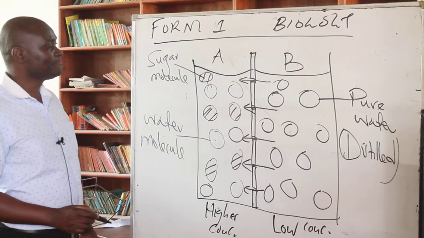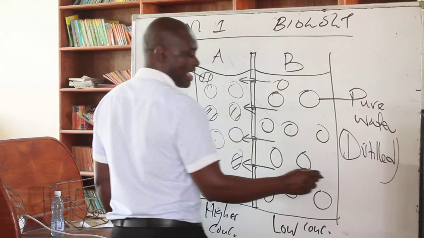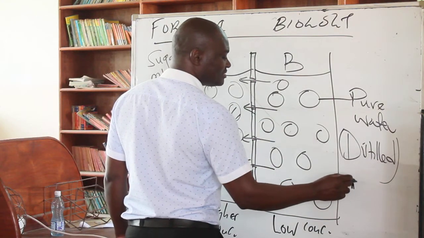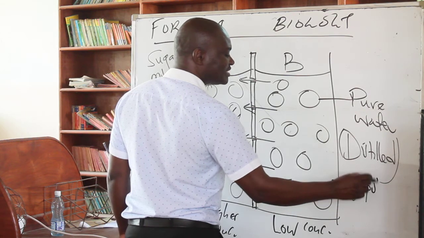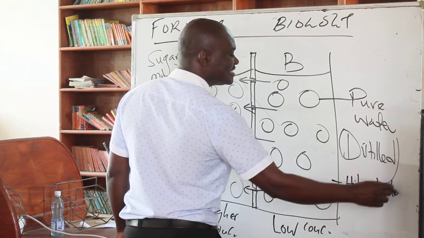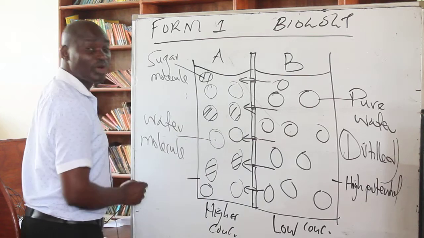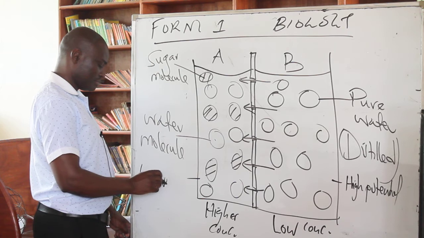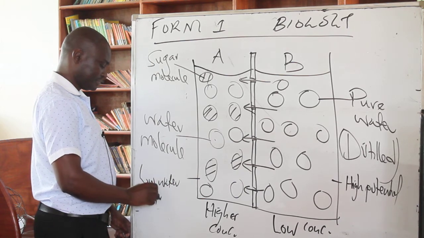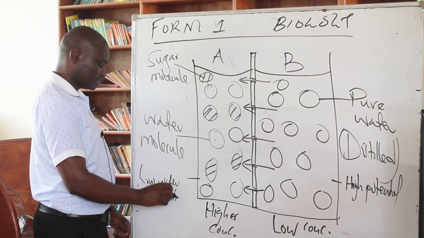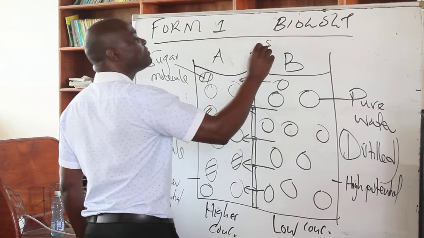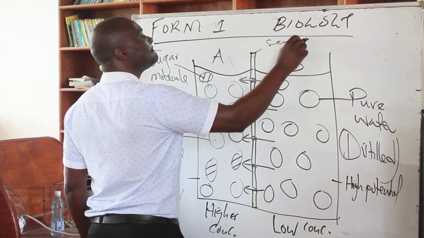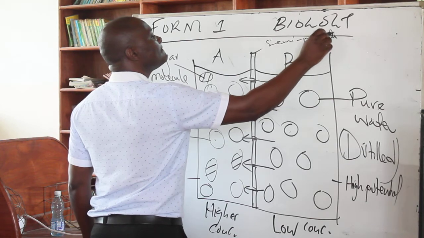Or we can say we have high water potential because we have more water molecules on this side, and where we have less water, we say low water potential. This one is the semi-permeable membrane.